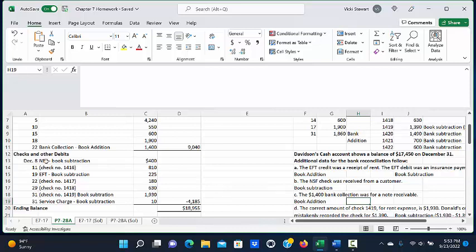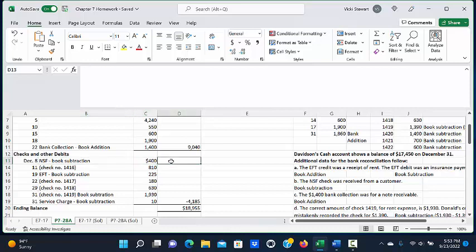Next, when we look at the checks and other debits, we see that the bank has subtracted from our account an insufficient funds check. So what that means is that a customer wrote us a check for $400, we deposited it into our account, and the bank had already given us credit for it, but then the customer did not have that amount in their account, so the check was returned to us.